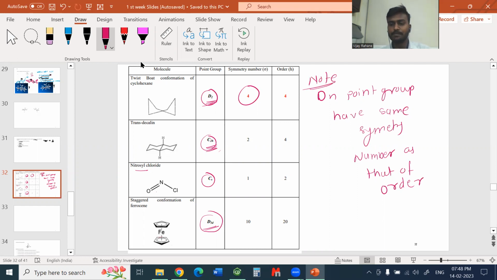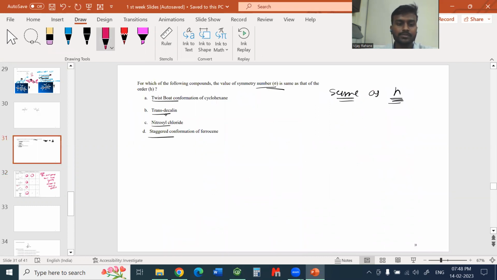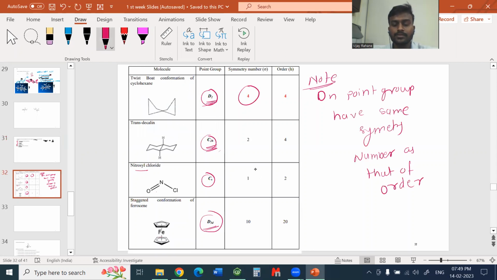This thing we need to keep in mind, so we can easily solve the problem like this. We don't need to check each and every molecule for how many Cn or Dn axes it has. We just need to identify the point group. If the molecule belongs to a Dn point group, the symmetry number for Dn is always equal to the order. Similar cases hold for Cn also.